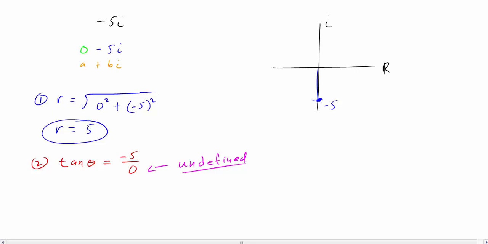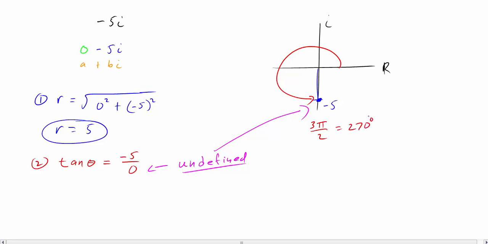And we have to think, where on the unit circle is our tangent function undefined? Well, it's going to be undefined anywhere we have division by 0. And if we look at our point, we can easily tell the angle. Once again, we really didn't even need to use the tangent, because we know this angle to go all the way around to here is going to be located at 3 pi over 2, or 270 degrees.